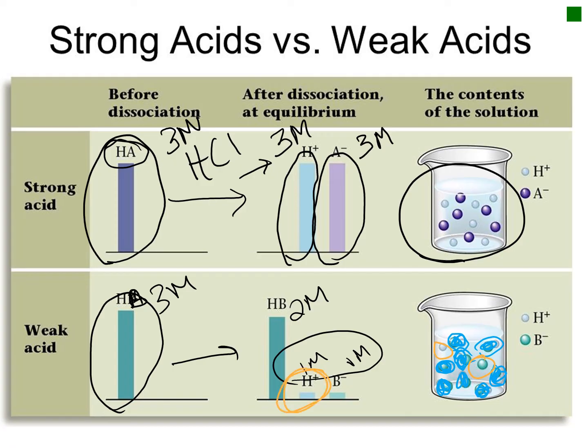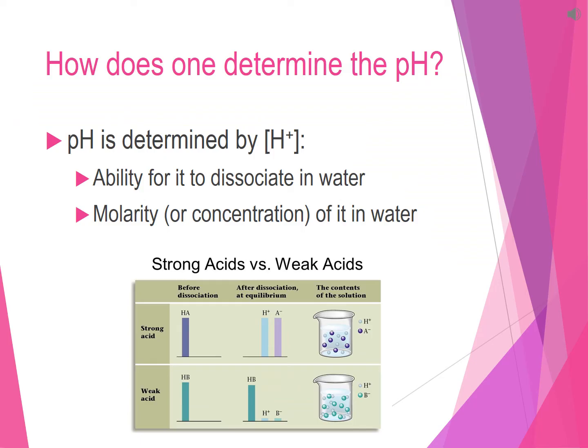Because it doesn't contribute as much H plus, and by definition, things that contribute H plus are acids. So the more H plus you can give away or donate, the stronger the acid you are. Considering this versus this, obviously this one can give off more H pluses, so it is going to be considered a stronger acid.